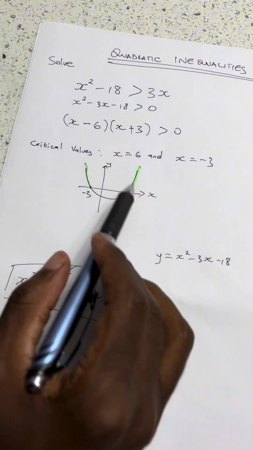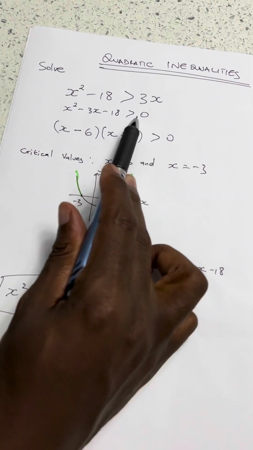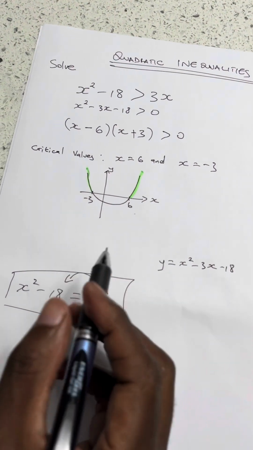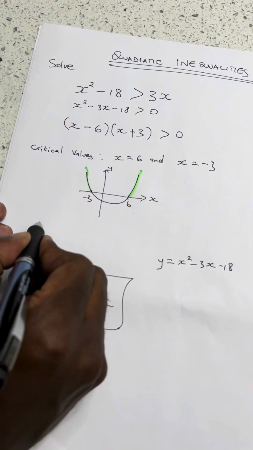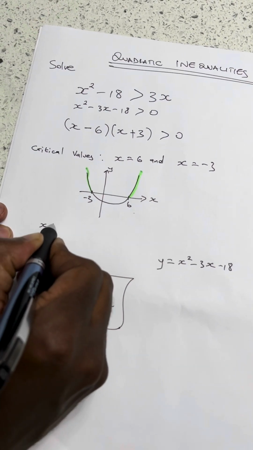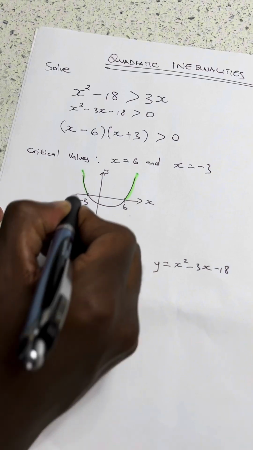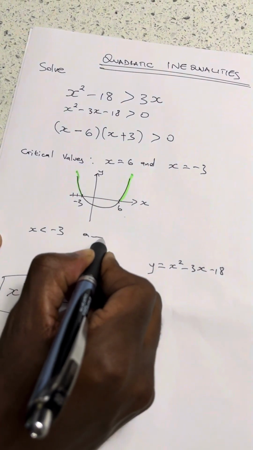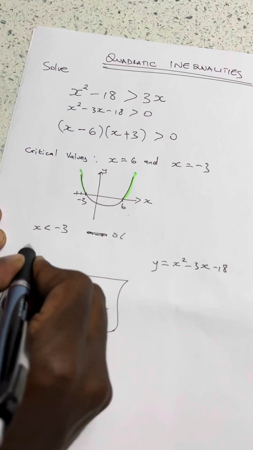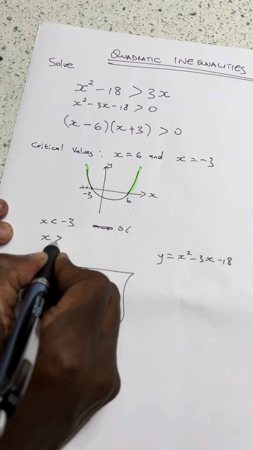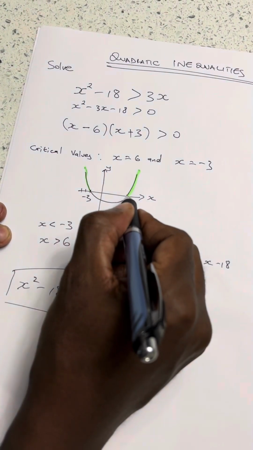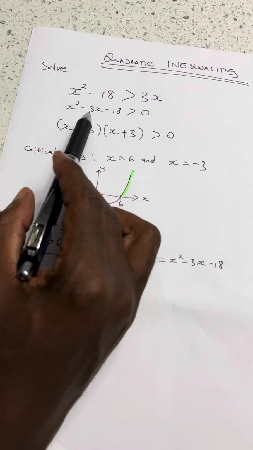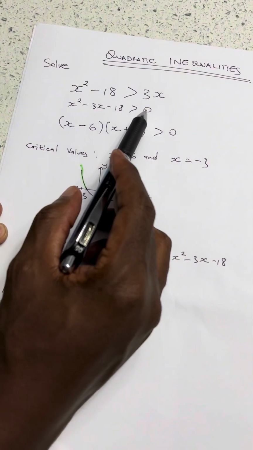That is when this graph is greater than 0. That is all we are solving for. This is when x is less than negative 3, so for all of these values less than negative 3, or when x is greater than 6.